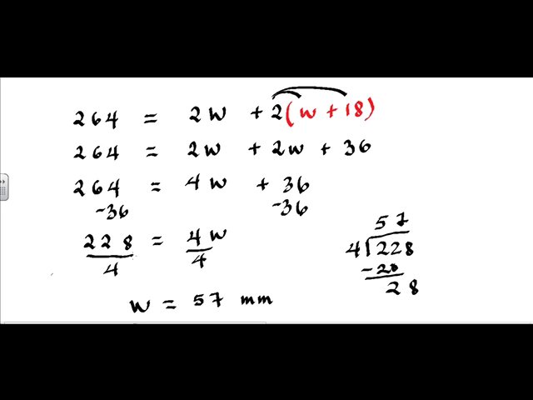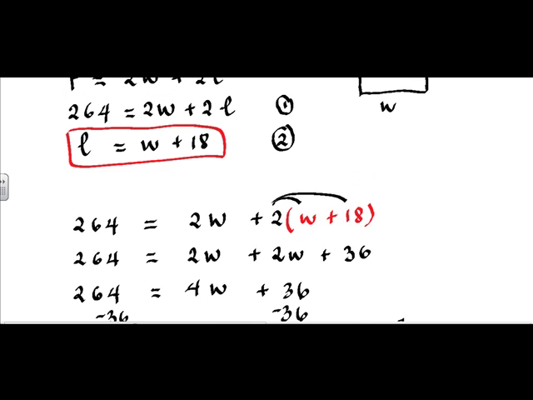Now, if you know the width, we can always solve for the length. Because when we go back here, remember the length is equal to width plus 18. So now I substitute 57 inside here to find the length.